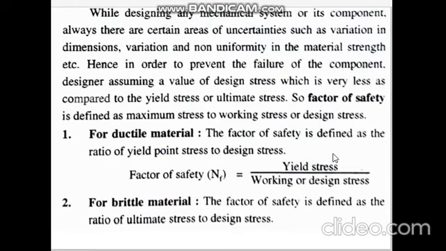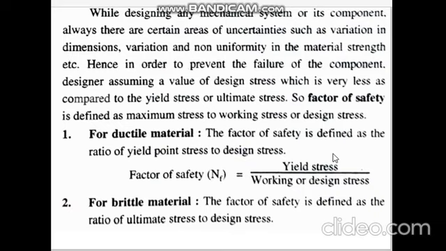Factor of safety is a factor that is considered while designing a machine component, taking into consideration the uncertainties about the material properties, uncertainties in the environment, and uncertainties in loading conditions. That's all. This is the definition. You can use it.